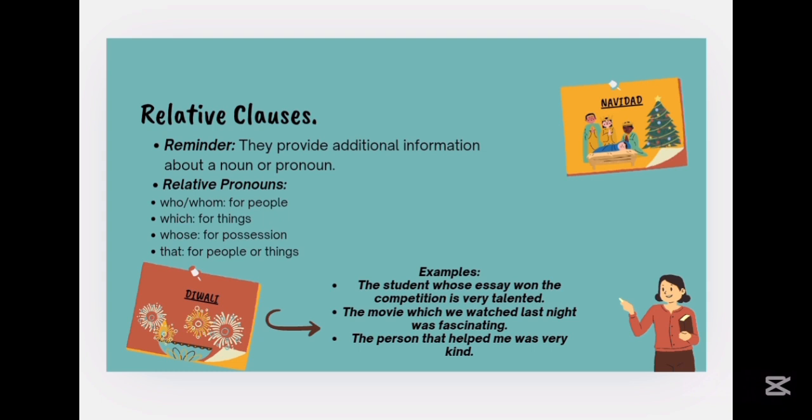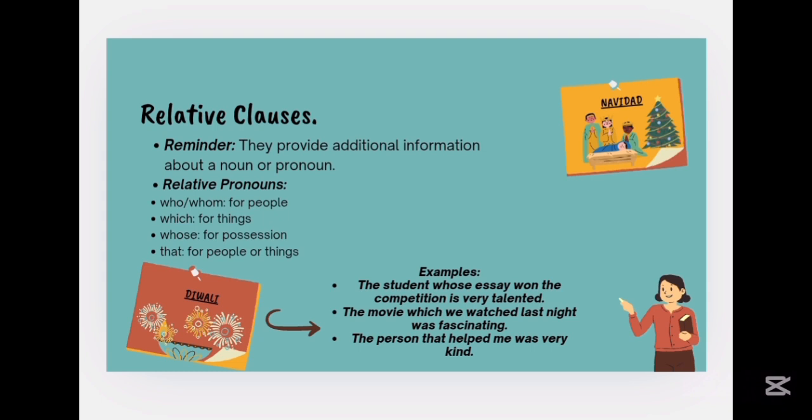A relative clause typically begins with a relative pronoun. Who we use for people, which we use for things and animals, whose is used for possession for people, things and animals, and that is used for people, things and animals.